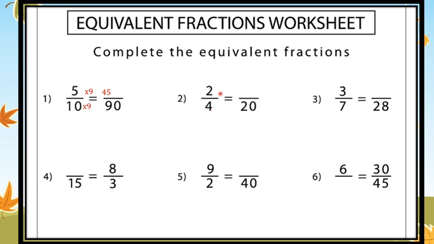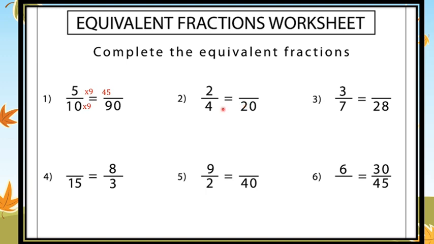Here the fractions are 2 upon 4 is equivalent to dash upon 20. We don't know what the numerator is, but we know the denominator. So for the denominators 4 and 20, we have to find out whether 4 is multiplied by some number to reach 20 or 4 is divided by some number to reach 20.